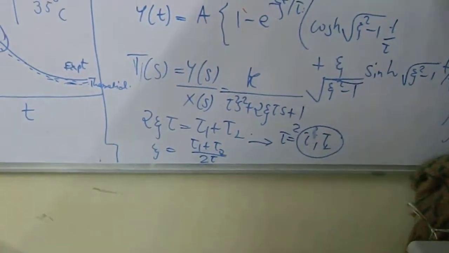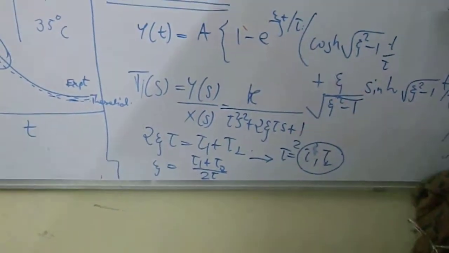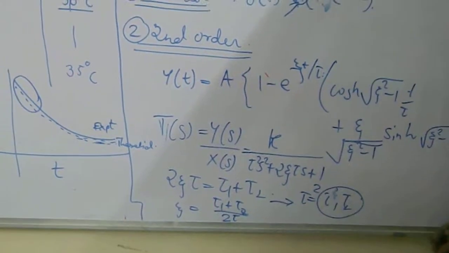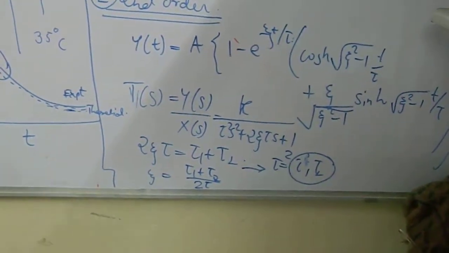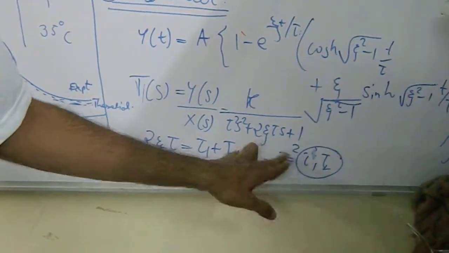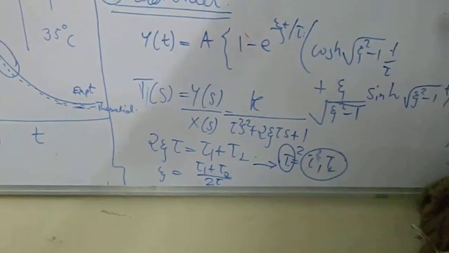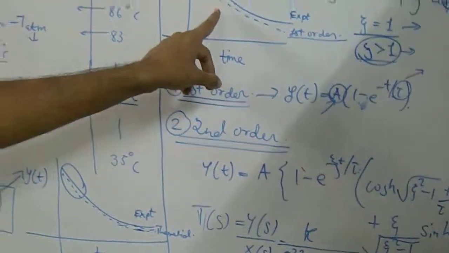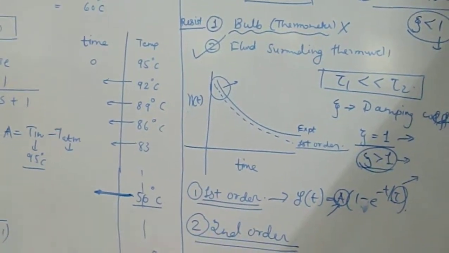Since we know tau 1 is the time constant of the thermometer, and tau 2 is the time constant of the thermowell system, you know the value of tau, because you have calculated it experimentally using the 63.2% concept, similarly to the case of the thermometer.